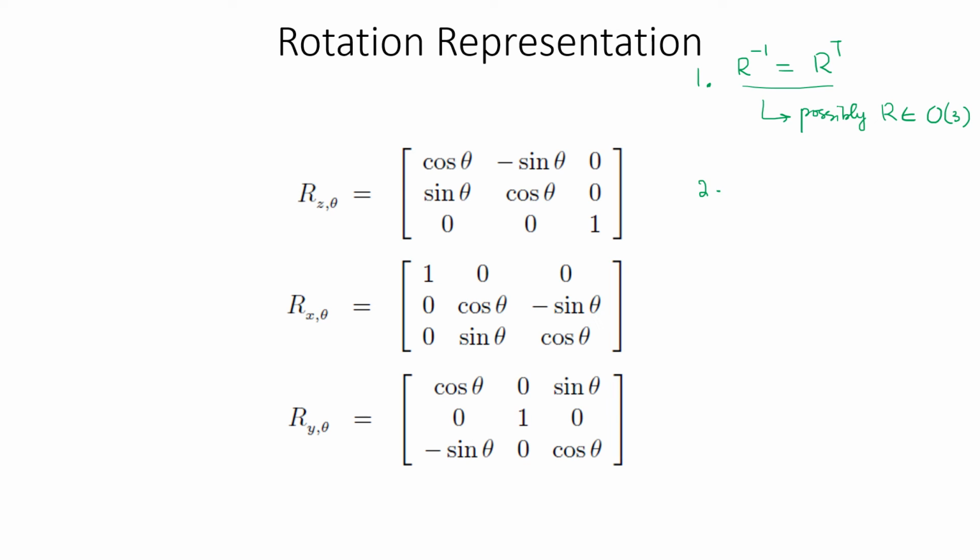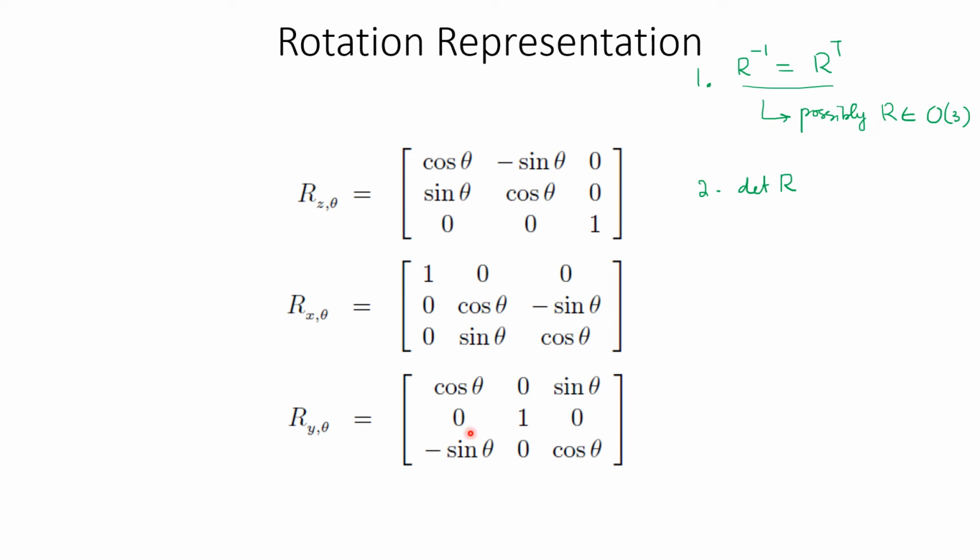Let's try to find out the determinant of rotation matrices. Take any of the matrices over here. Let's say I take rotation about x-axis, for example. So this is going to be 1 into cos of theta multiplied with cos of theta, cos square of theta, minus minus plus sine square of theta.